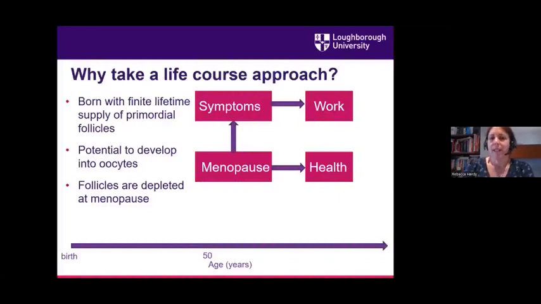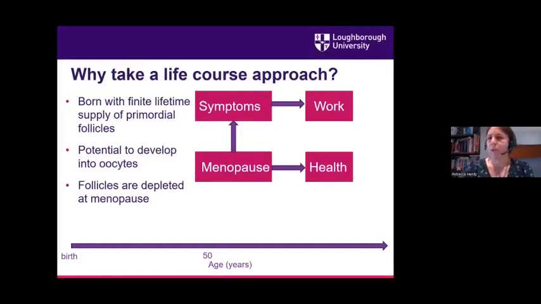So why are we going to take a life course approach here? Well, as I said, in low and middle income countries, the age at menopause tends to be earlier than in high income countries, which suggests that there are factors which affect the timing of menopause. And why should we go right back to birth? Well, a woman is born with a finite lifetime supply of these primordial ovarian follicles, which have the potential to then develop into oocytes.